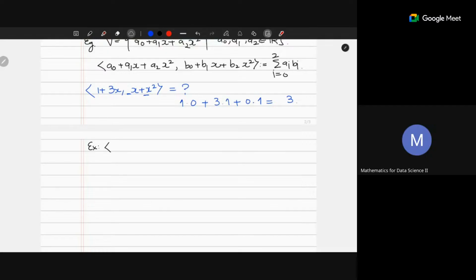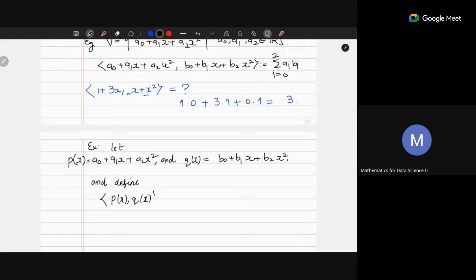Check whether this is an inner product space. Let px be this and qx be this, x square, and define the inner product between px and qx to be the integration from 0 to 1.